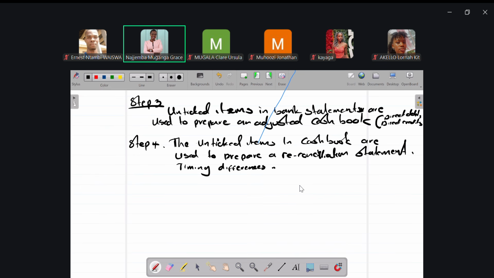Then the other unticked in the cash book are used to prepare a reconciliation statement. Those are the unpresented and uncredited checks appearing in the cash book. They are in the cash book, but nowhere in the bank.